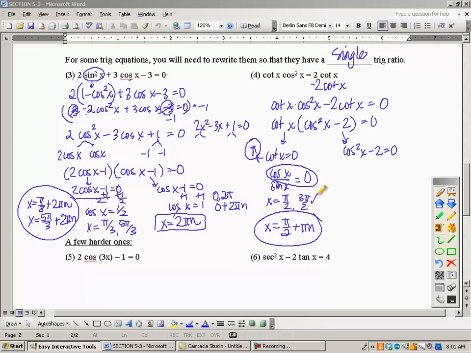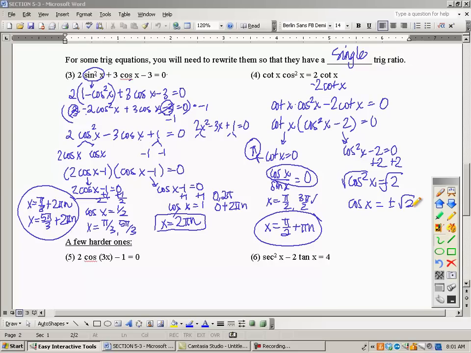The second one is cosine, so I'm going to set this equal to 2. Cosine squared equals 2. And when I square root, I get that the cosine is plus or minus the square root of 2. Now, let's talk about this. Cosine, they're asking you basically what angle gives me a value that's the square root of 2.